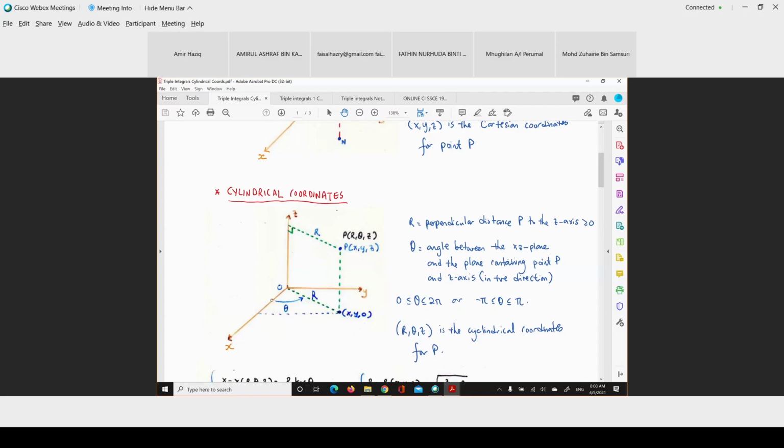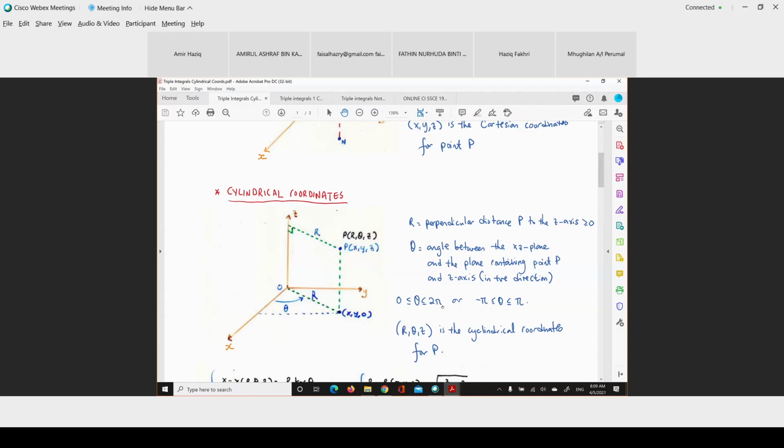Theta has direction, so the positive direction is shown here. The angle theta is measured from the positive x-axis in the positive direction. So theta measures the angle between the xz plane and the plane containing point P and the z-axis.